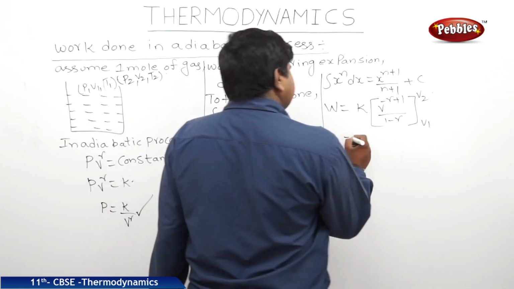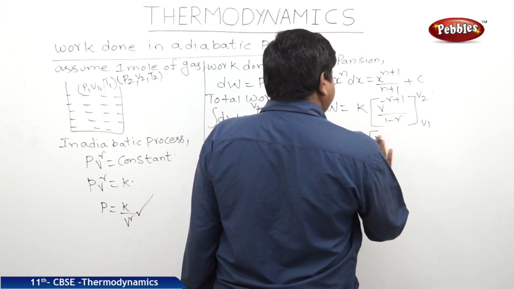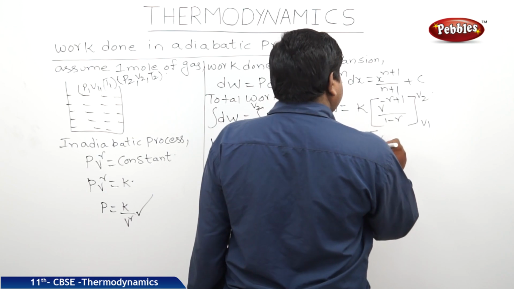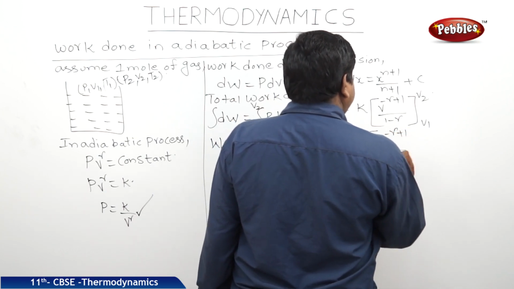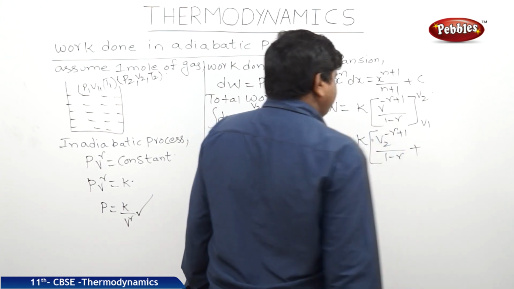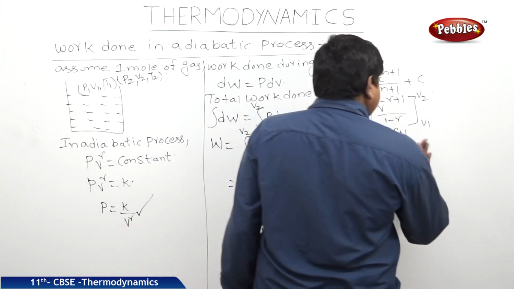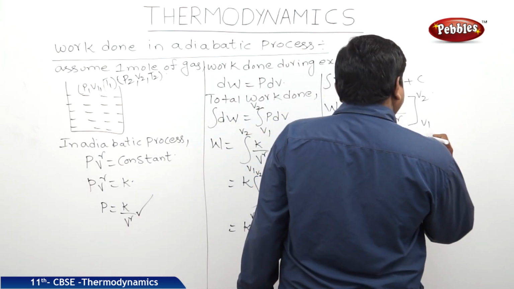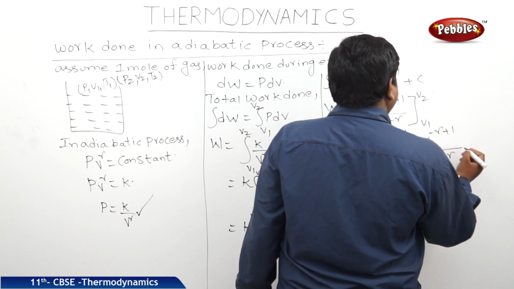So what we can write here is K into V2 power minus gamma plus 1 by 1 minus gamma, minus, because upper limit minus lower limit, V1 power minus gamma plus 1 by 1 minus gamma.